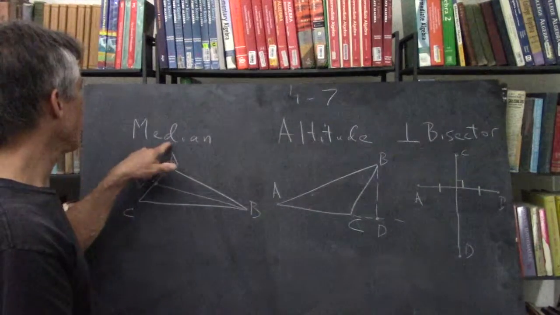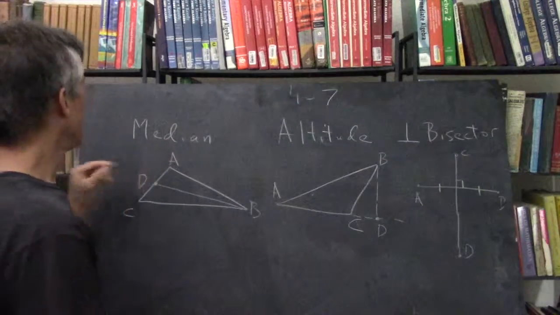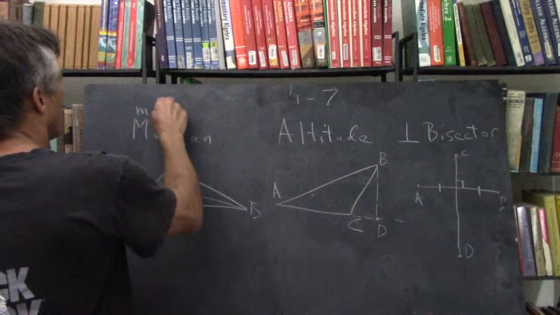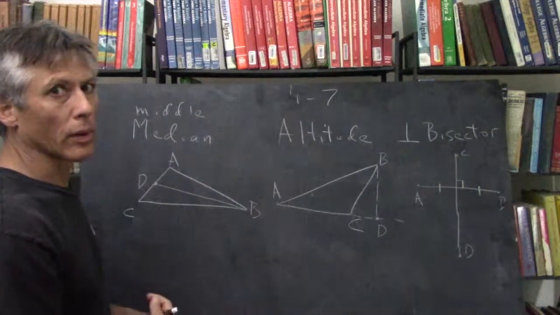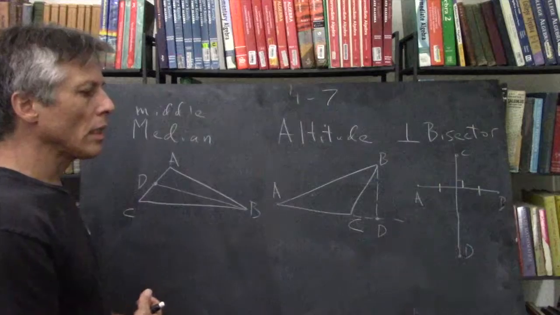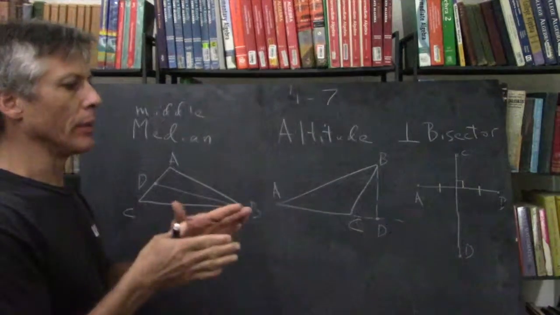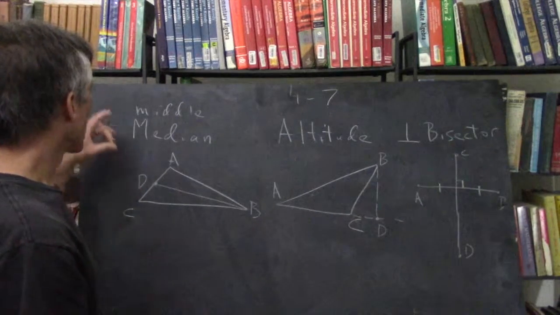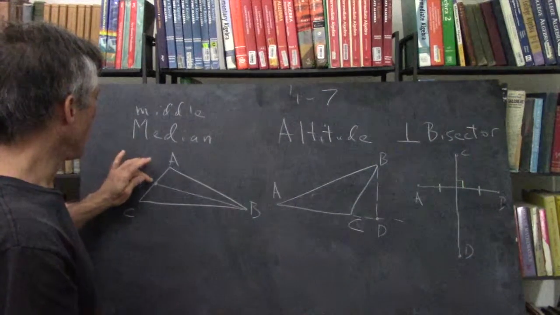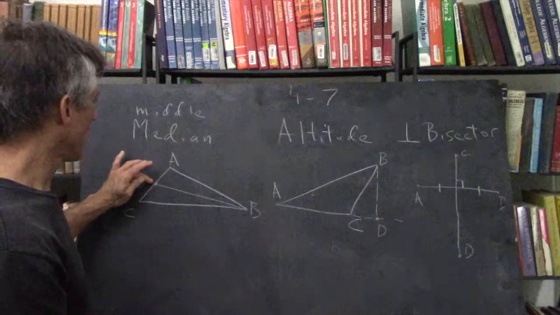So remember, median is like MED, like middle. Similar letters. So that makes it easy to remember. A median is, for example, one of those things in the middle of the road with like grass and sometimes trees on it. So median goes to the middle of a segment. Okay?